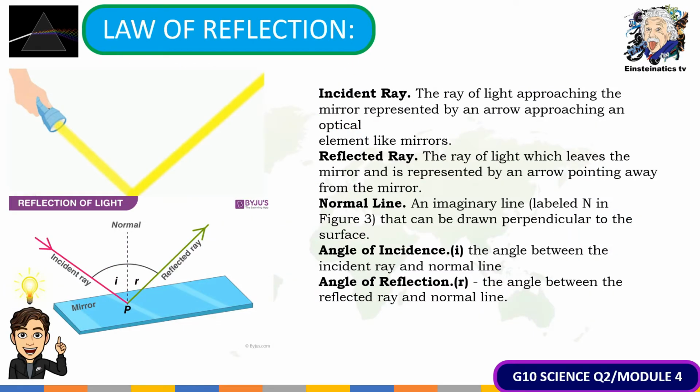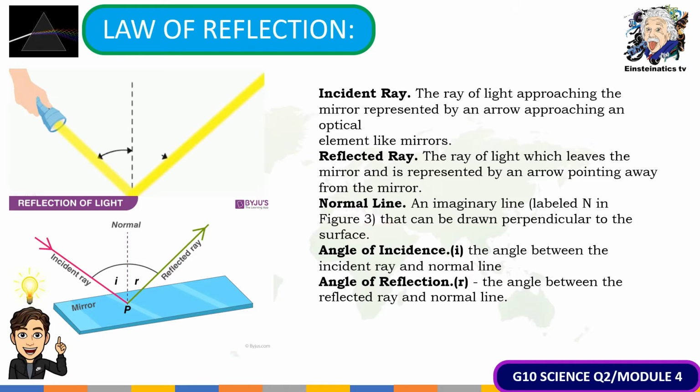Para mas lalo nating maintindihan yung law of reflection, let us try to define these terms. Yung una, yung tinatawag na incident ray. Ano nga uli yun? So, ito yung light na tumama doon sa mirror. On the other hand naman, pag sinabing reflected ray, ito yung light that bounced back from the mirror.